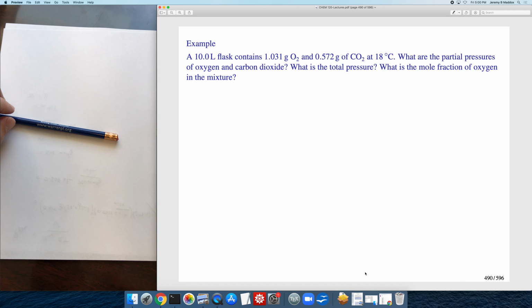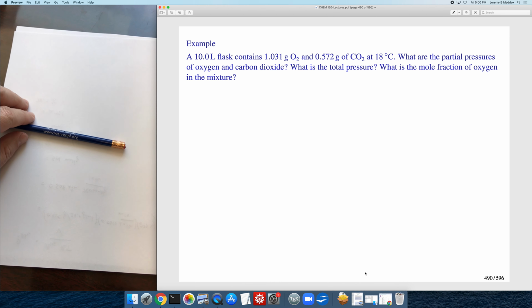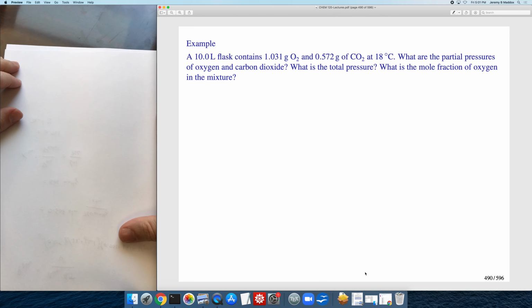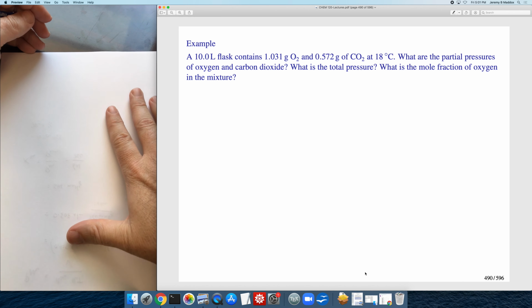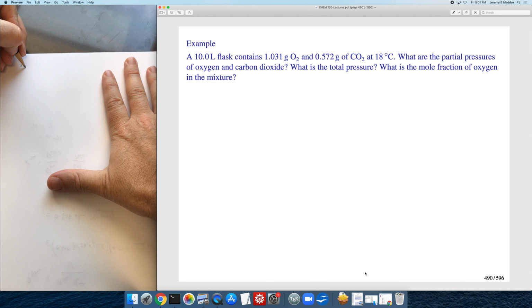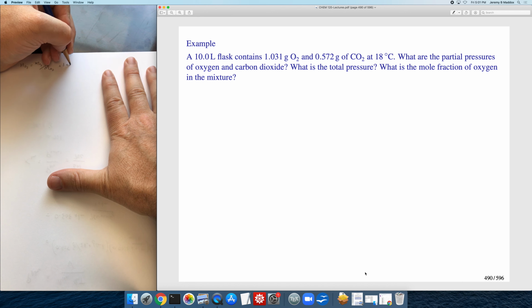Well, to get these quantities, we need to know the number of moles of each component. And so let's calculate that first. Let's just separately calculate the number of moles of O2, which is going to be the mass of O2 divided by the molar mass of O2. So that's 1.031 grams divided by 32 grams per mole.